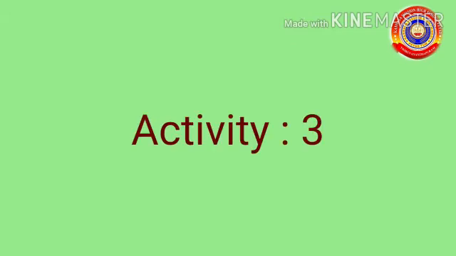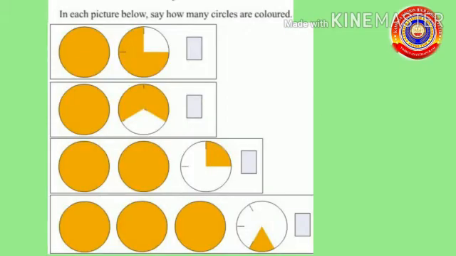Activity number 3. In each picture below, say how many circles are colored. In the first picture, one whole circle is colored and 3 by 4 of another circle is colored. Then the fraction is equal to 1 and 3 by 4.